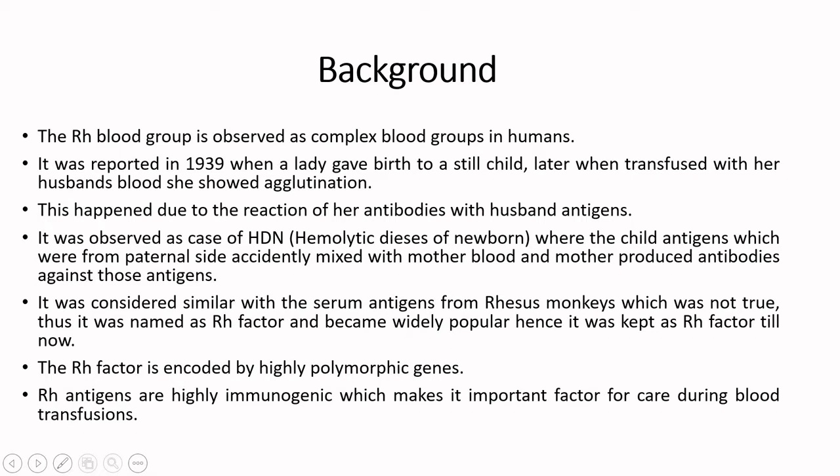This Rh factor is encoded by highly polymorphic genes that we will see in the genetics part. The Rh antigens are highly immunogenic, which makes them an important factor for care during blood transfusions. So this is about the background.